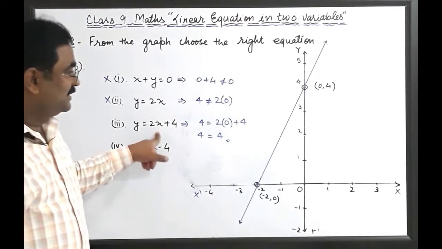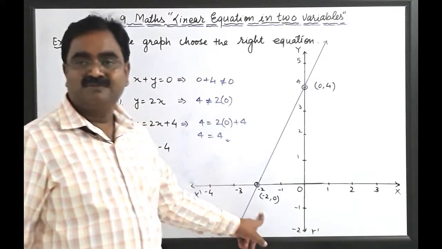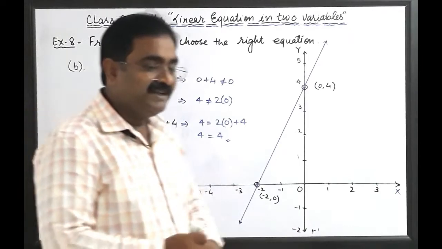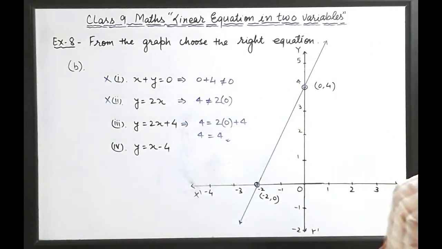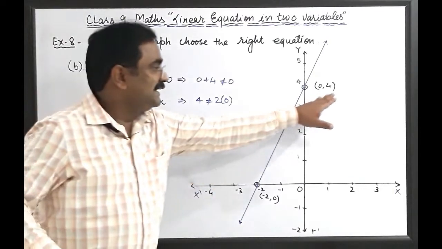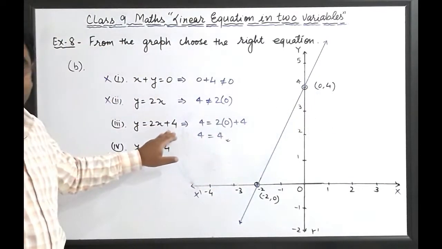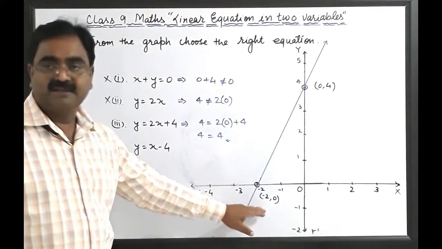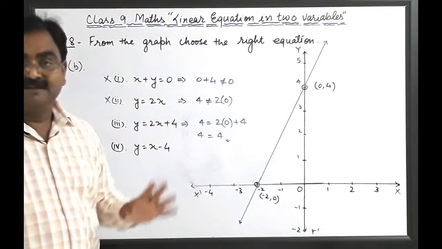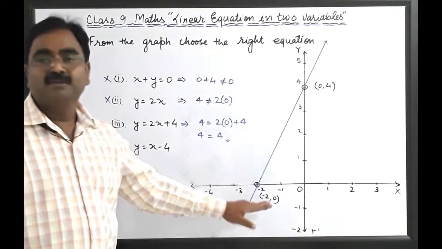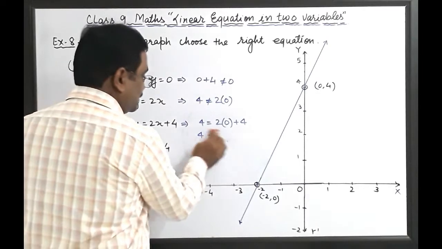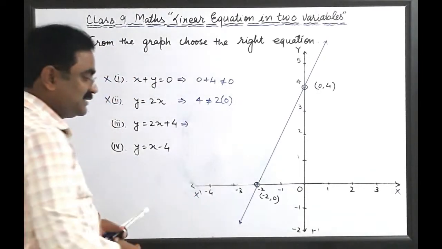This line satisfies this solution also. So let us check this solution for (-2, 0). First, we got that this is the solution of this equation. If the second is also satisfying, our required answer is this equation for this line. If this point is not satisfying, then this is also not the equation. Okay, so for the first it is a solution. Let us check the second one.